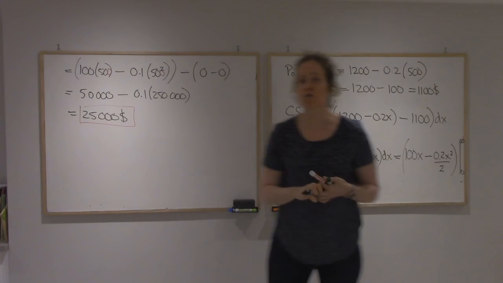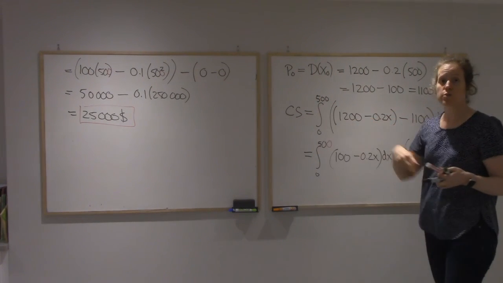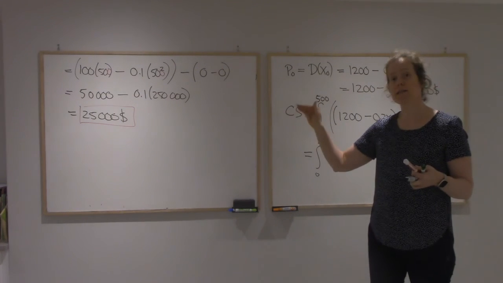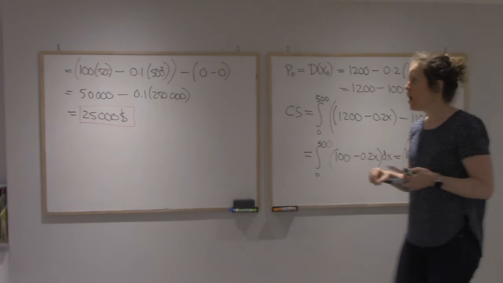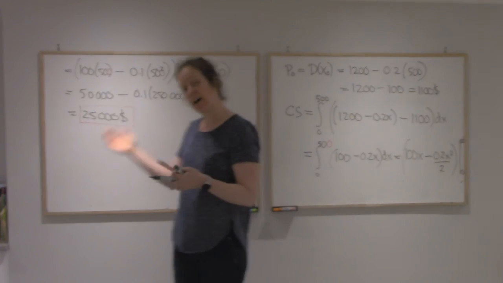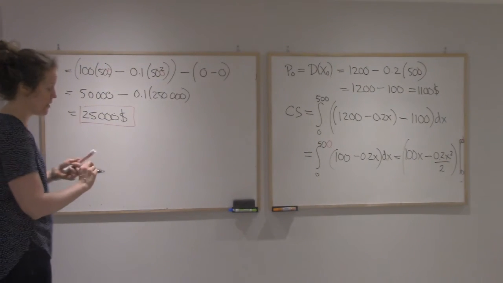All right, so that's the consumer surplus. So the 500 customers that are buying this iMac at our price of $1,100 are actually saving $25,000 if you compare that price to what they were willing to pay.